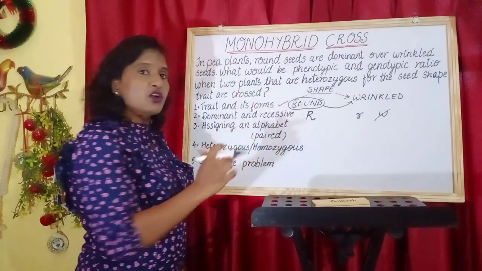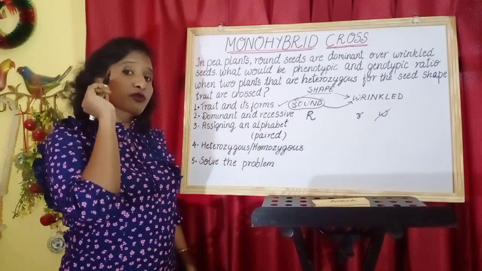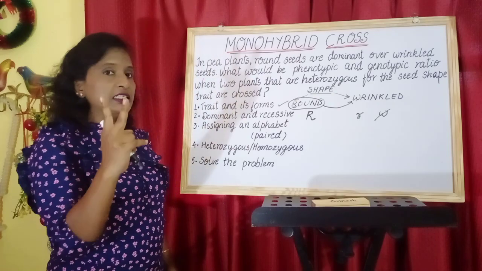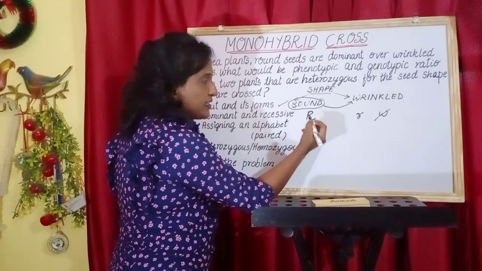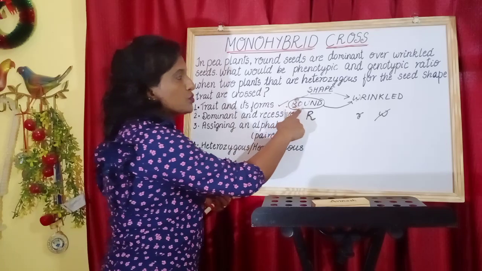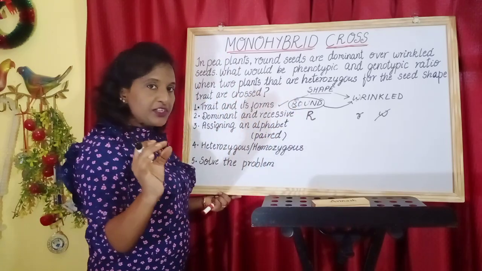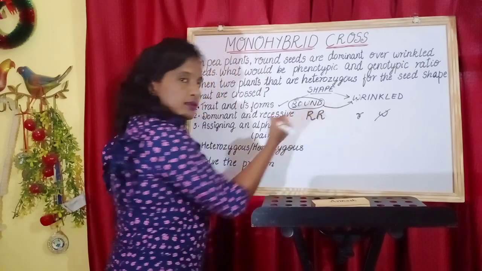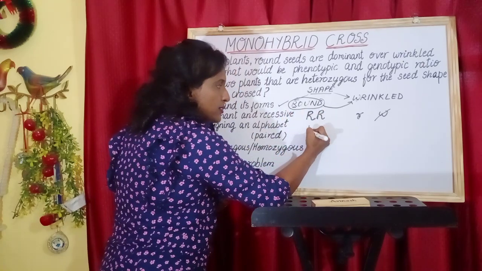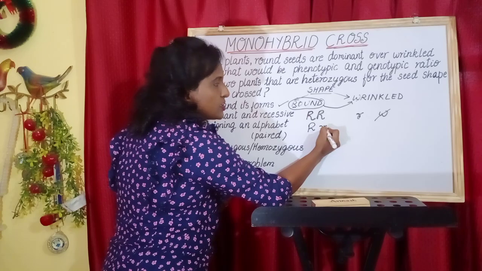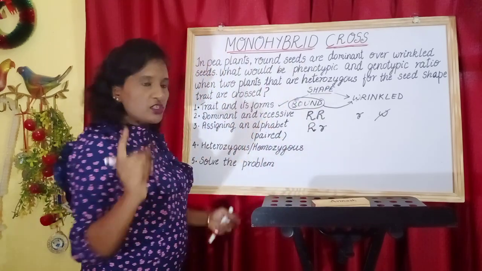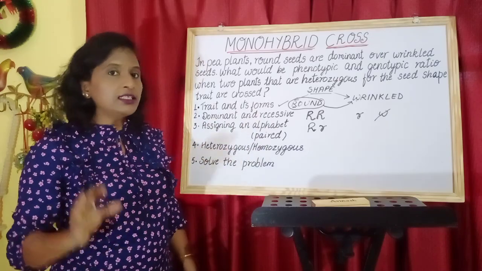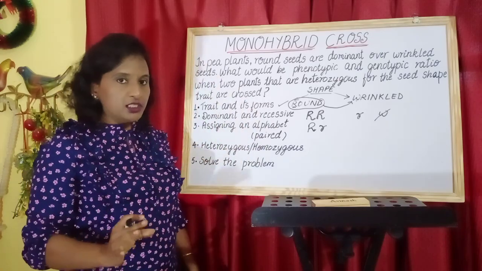Therefore, here also for each character or each form, we have to write the letter twice. So, there are two possibilities to show the dominant character, that is either capital R, capital R, or capital R, small r. So, there are two possibilities by which we can understand that it is a dominant gene or dominant characteristic.